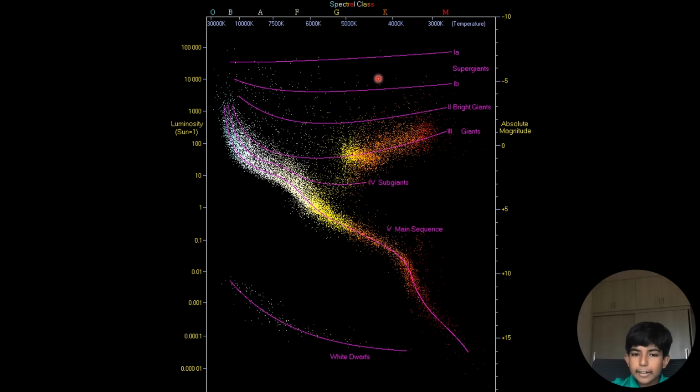And after that, helium fusion and then carbon fusion, and carbon fusion is much faster than helium fusion, and helium fusion is much faster than hydrogen fusion. So it starts going faster and faster, and the rest of the star doesn't have time to respond. And this can happen while it is a blue supergiant or a red supergiant.